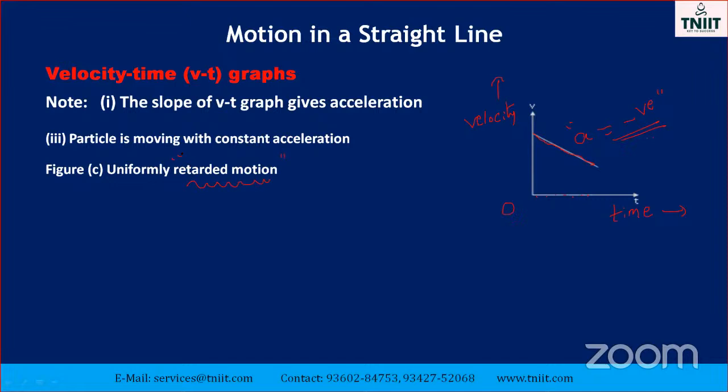Why is it considered as a uniform retarded motion? Because the acceleration is negative, since the velocity is decreasing with time.